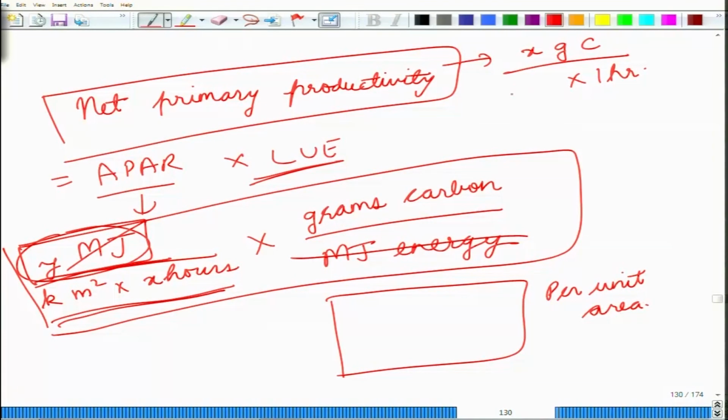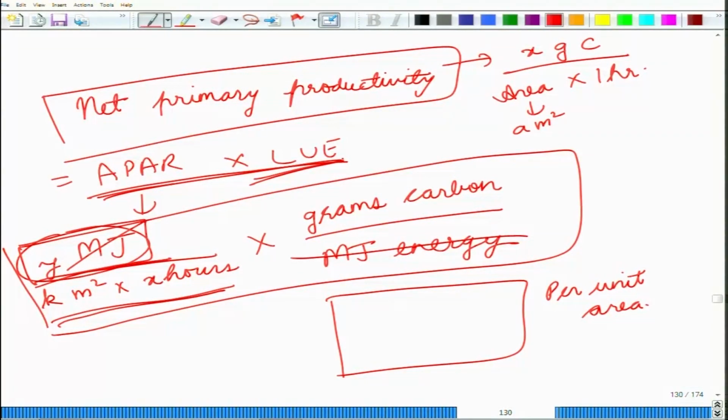So, in this equation, this was for an area of, say, a square meters. The net primary productivity is given by the multiplication of absorbed photosynthetically active radiation by the light use efficiency.